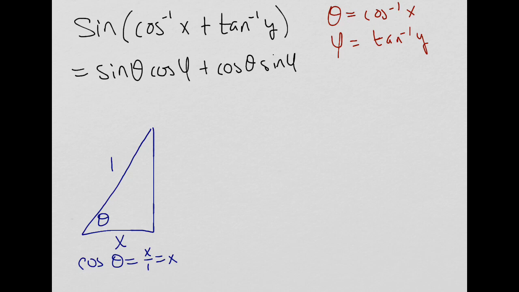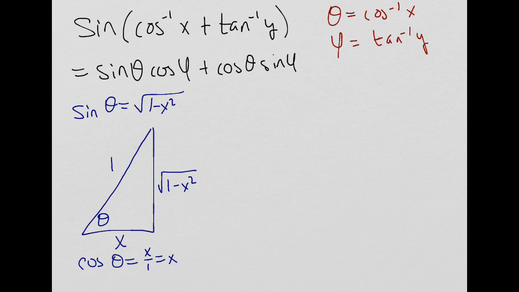And then I can finish using the Pythagorean theorem to get square root of 1 minus x squared for that other side. Well, that tells me right away that sine of theta can be calculated: square root of 1 minus x squared.